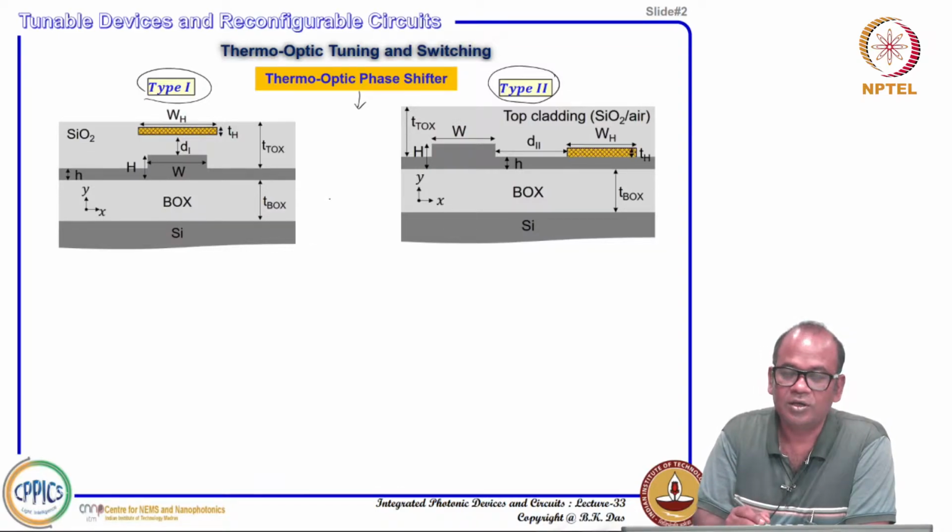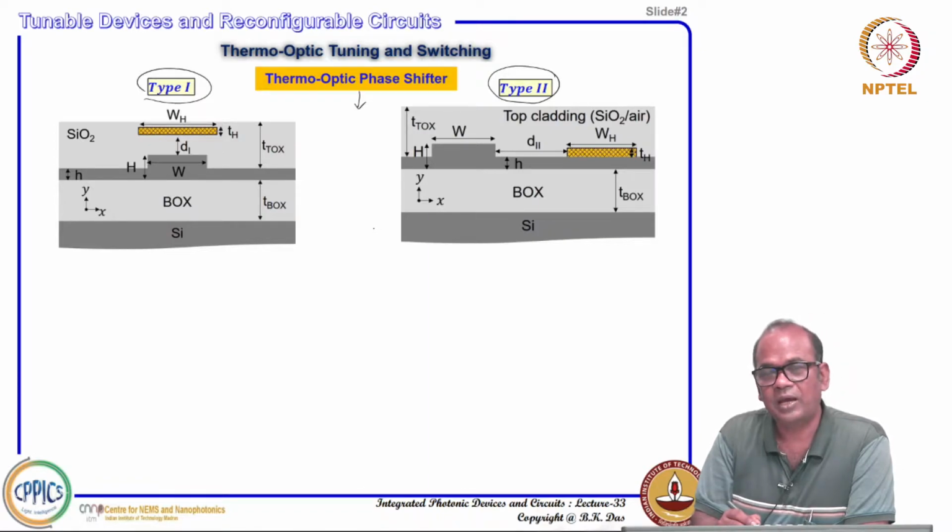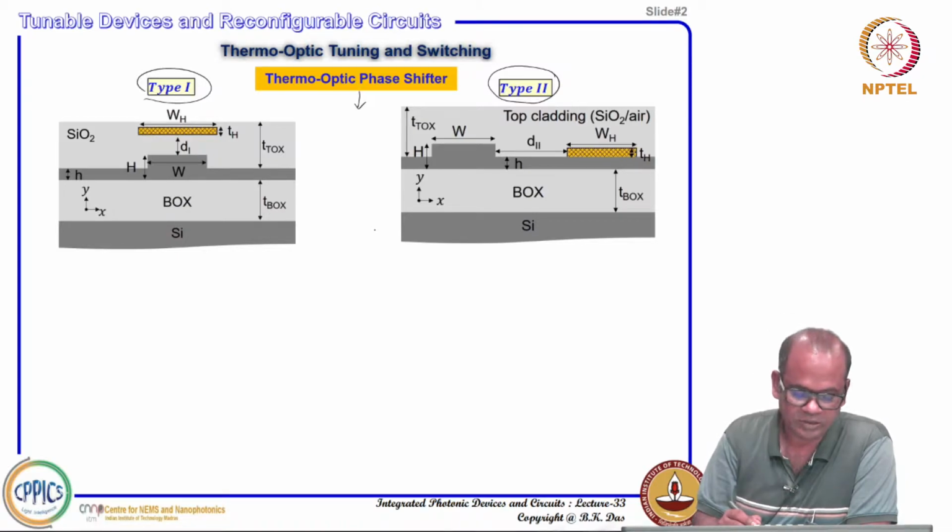In this case, the phase of the guided mode will be changed because of the thermal power. Silicon itself is a very good Thermo-Optic material. If you raise the temperature, the refractive index will increase. That is the principle we follow to design Thermo-Optic phase shifters.